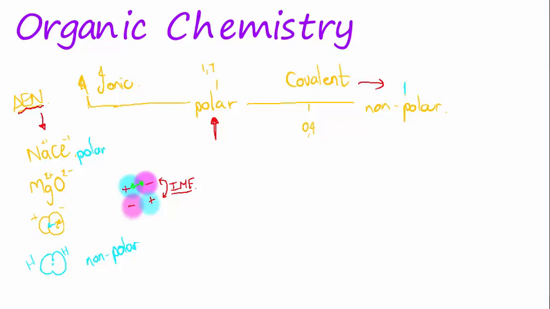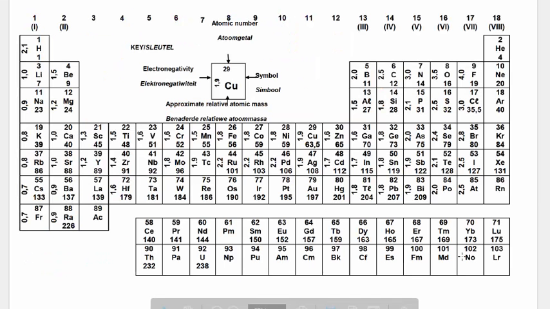A great example is when we have, for example, hydrogen bonded to a highly electronegative element. So here's hydrogen. It's bonded to a highly electronegative element. Now, which elements on the periodic table have high electronegativity?